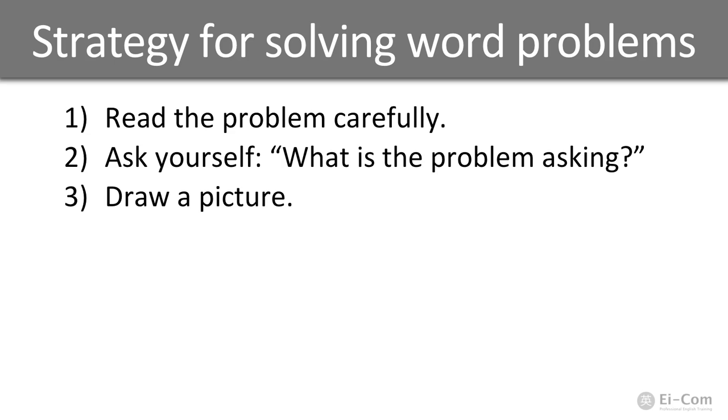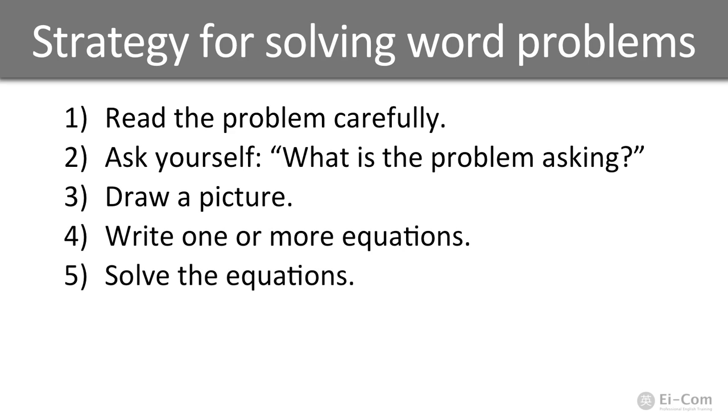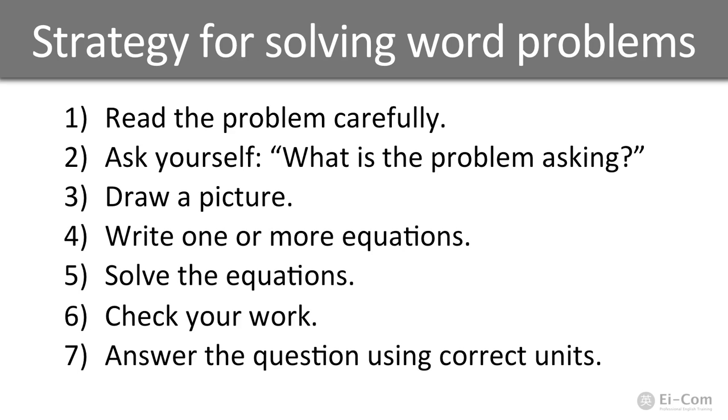Use letters to represent the unknown information. Using the known and unknown information, write one or more equations. Then, solve the equations. After that, check your work. And finally, answer the question using correct units.